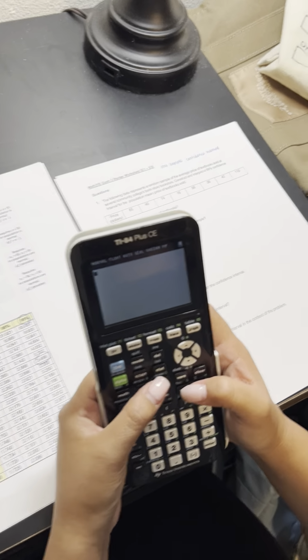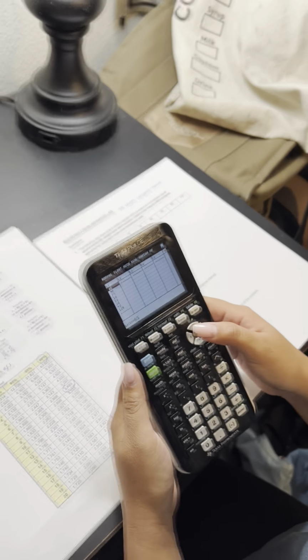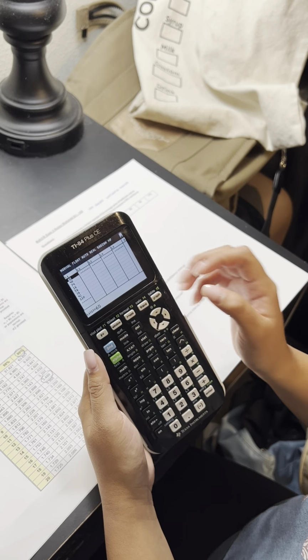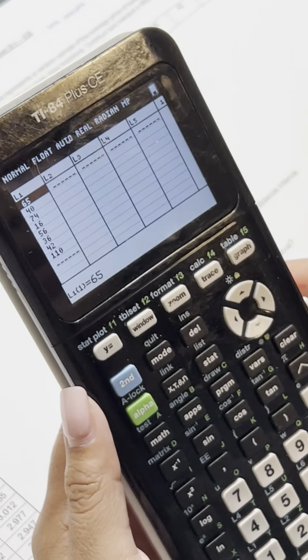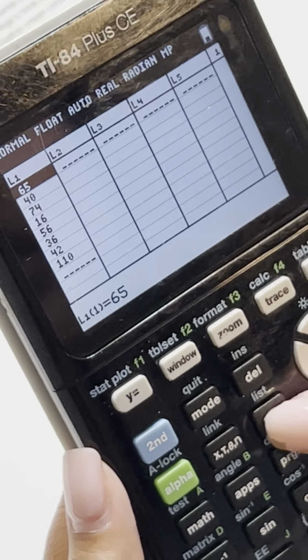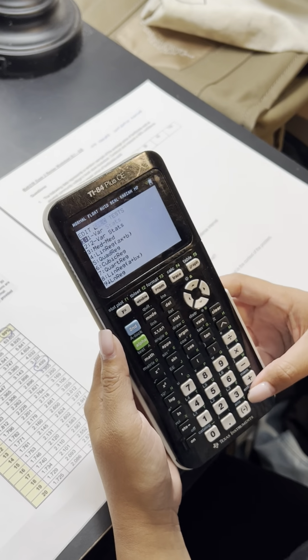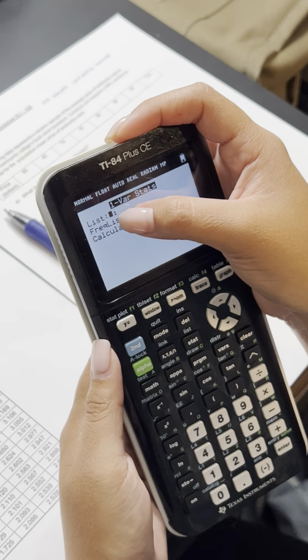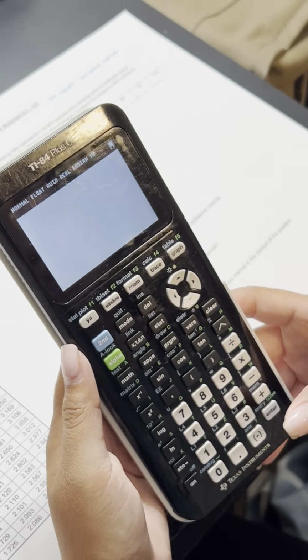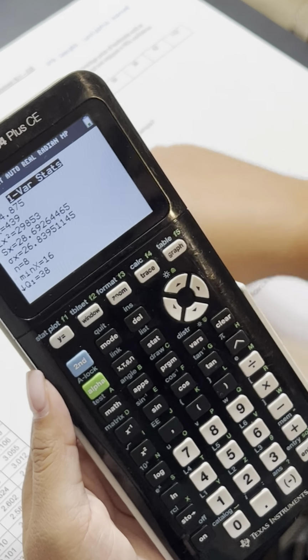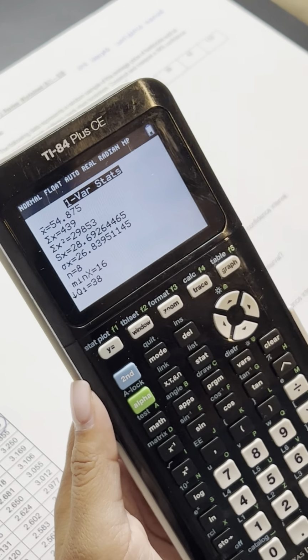We go to Stat, hit Edit, and type in all of our numbers, which I have already done. Then we hit Stat, Calc, and make sure this one always says L1 to get our list calculated. Okay, and then we get our data.